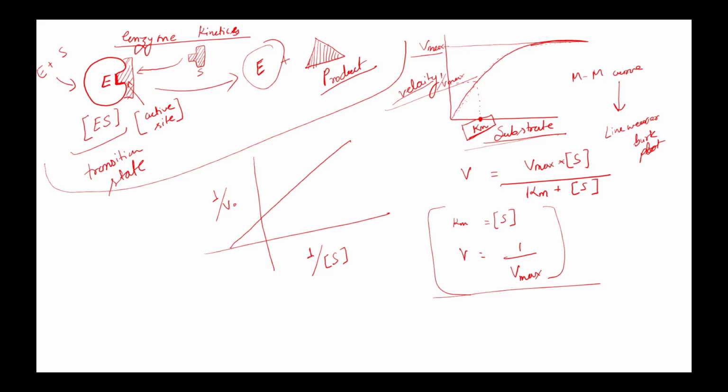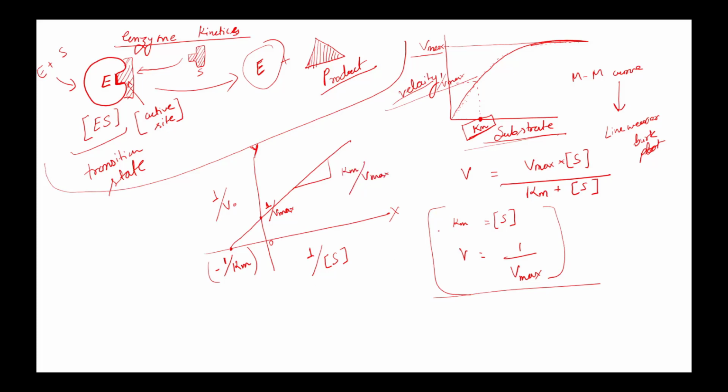Here we are getting two intercepts, on the y-axis and the x-axis. On the y-axis the intercept is 1 by Vmax. On the x-axis the intercept is minus 1 by Km, because it is on the negative side, and the slope of this line is Km by Vmax.